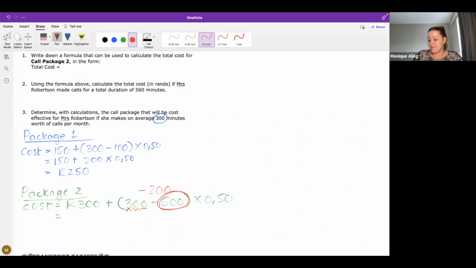Okay, so that means she's not getting charged for any minutes. So it becomes 0 because she's not getting charged for any minutes. It's 0 minutes times our tariff, right? And then what do you get?